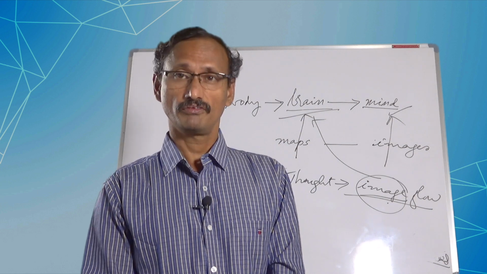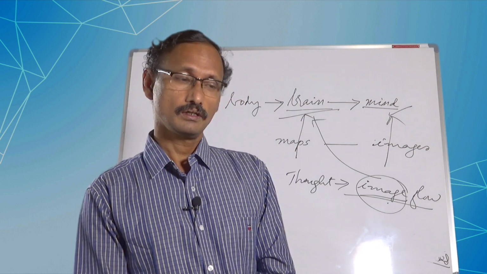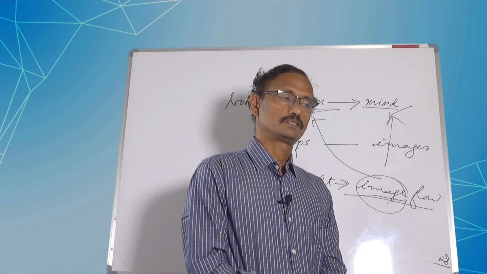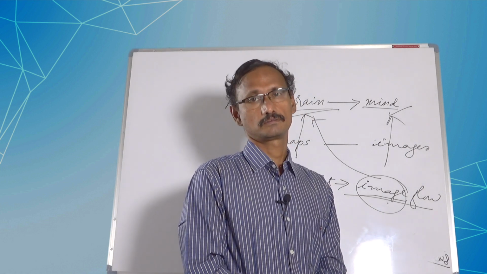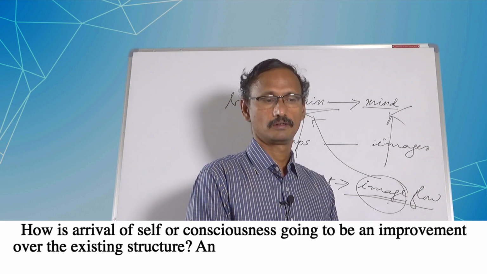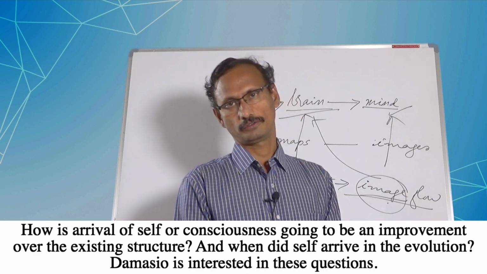When did self evolve? What is the advantage it will confer on the organism to do its work in a better way? These are the issues we're going to examine.